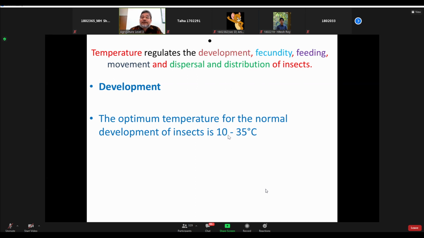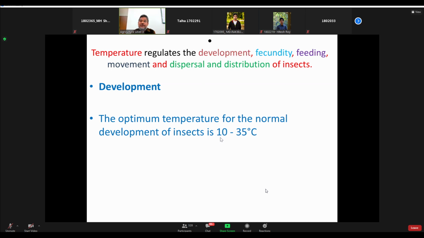What is the optimum temperature or normal temperature? This is the zone of temperatures, 10 to 35 degrees. Insects prefer these zones. Within this zone, insect development is more or less normal.